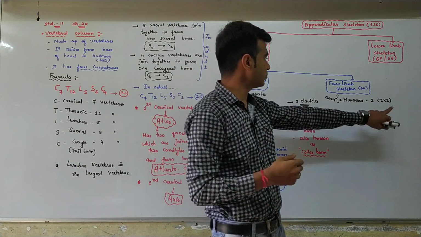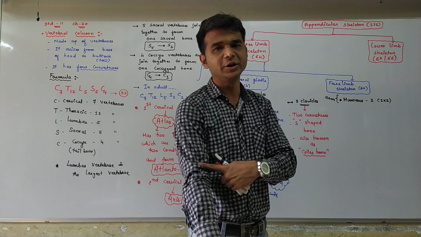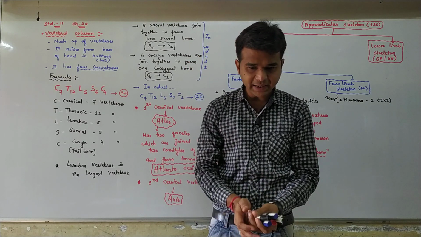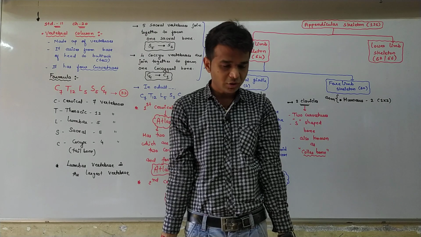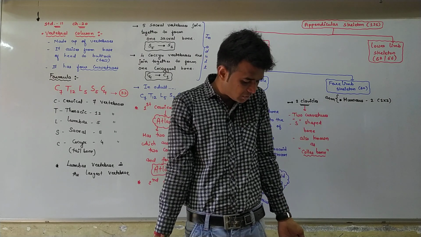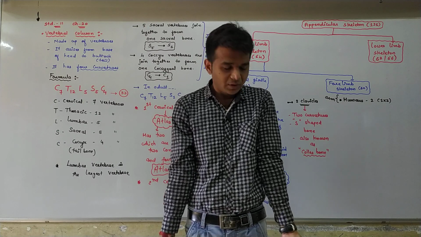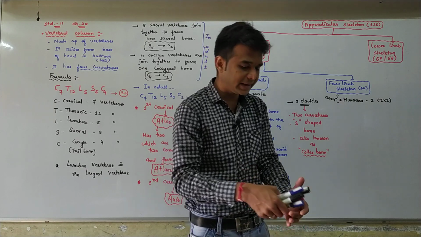So 1 into 2 I have written that. So in one forelimb we have one humerus. Normally the anatomical position is this, so the palm is facing towards your side. Okay, so here towards the thumb side radius is there.